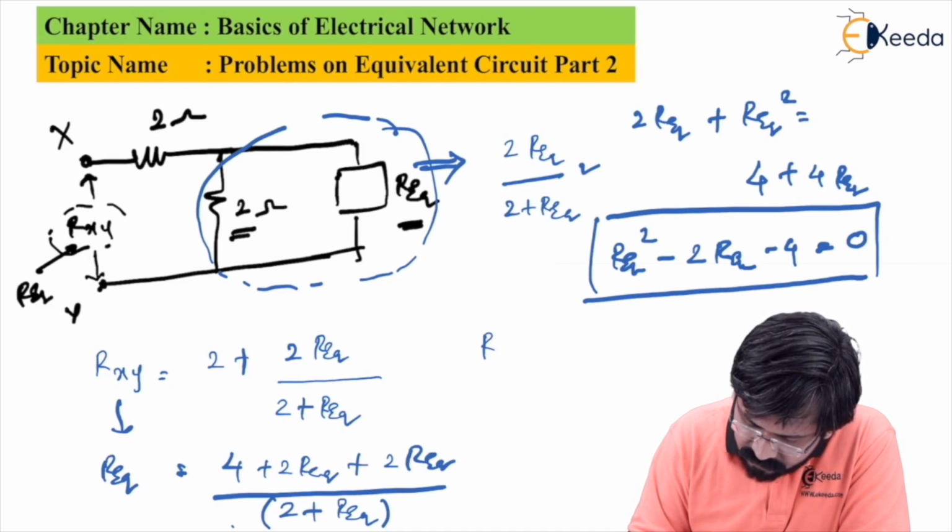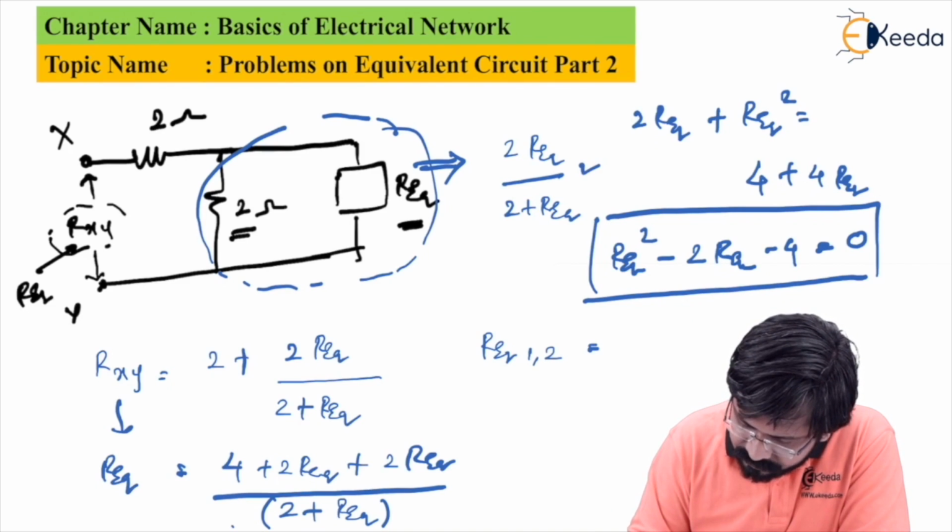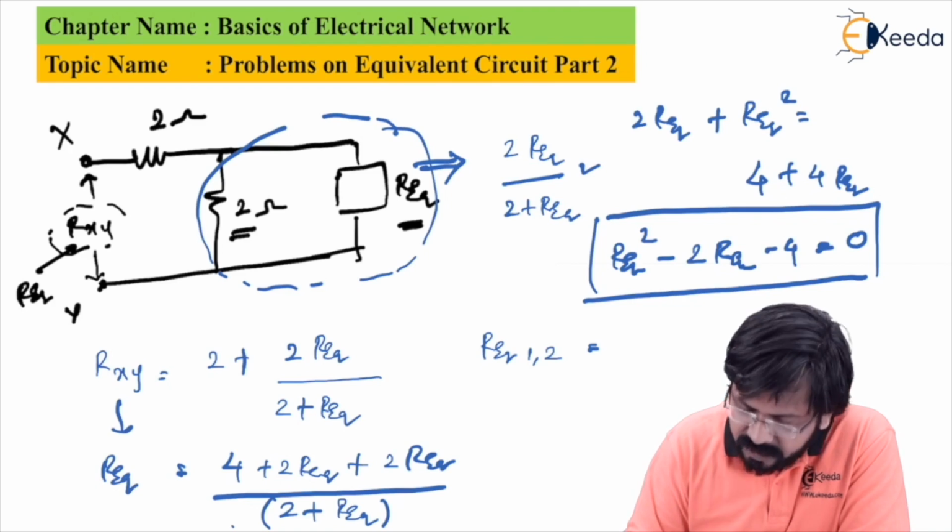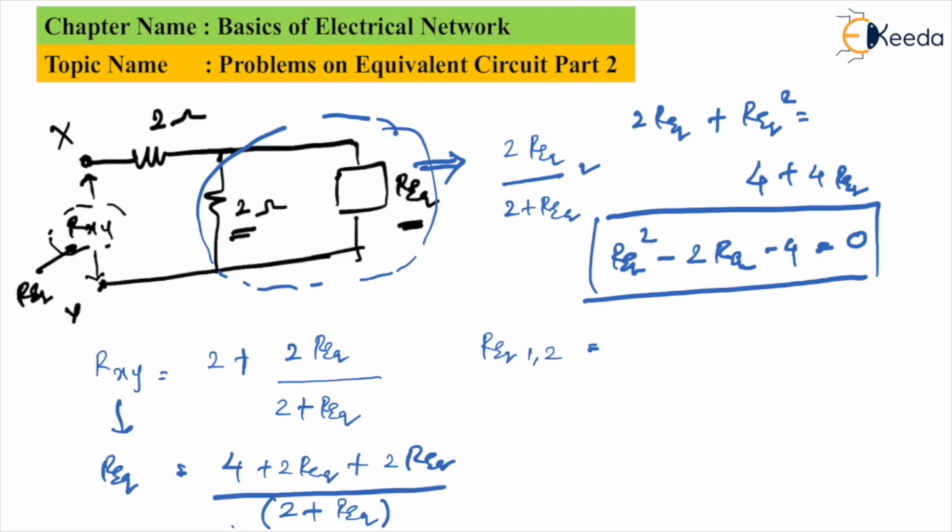So R equivalent value can have two values. It can be solved by minus b plus minus under root of b square minus 4ac by twice of a formula. So now it becomes 2 plus minus under root of b square, which comes out to be 4, minus 4 times ac, which comes out to be plus 16, divided by 2.